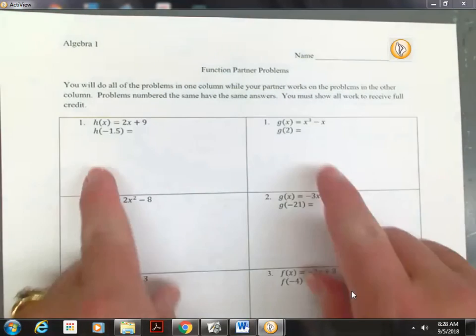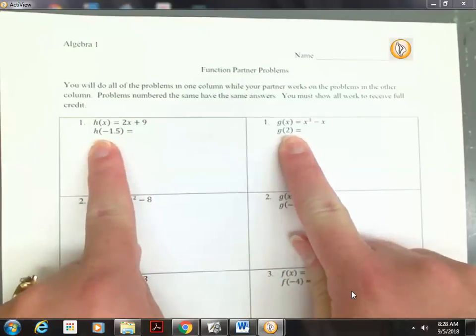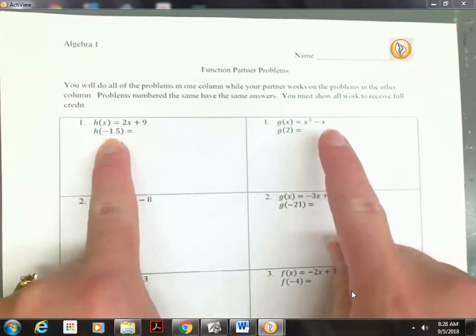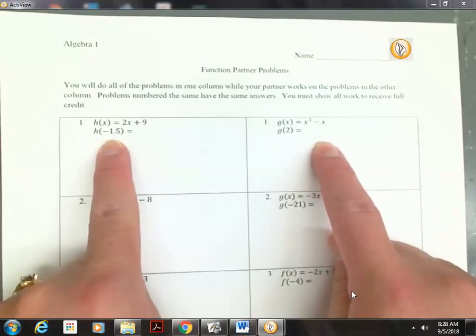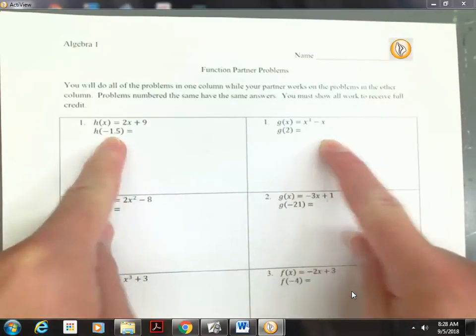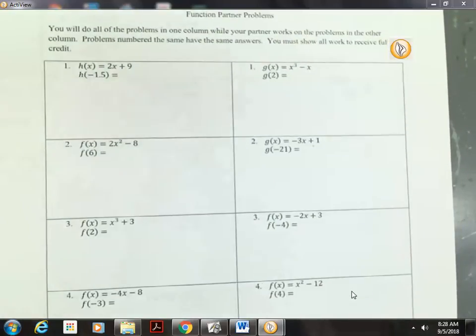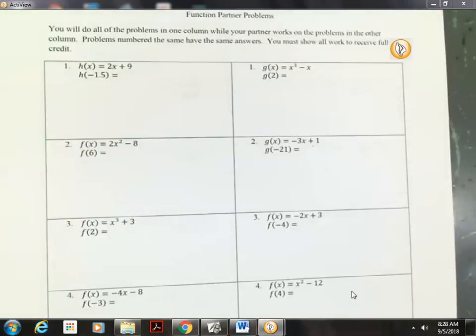You're both going to work the problems in your respective column. Now, the answer to problem number 1 on this side is the exact same answer as the problem on this side. So problem 1 has the same answer. Problem 2s have the same answer. Problem 3s have the same answer, and so forth. I would like for you to do the first 5 problems with your partner right now. When you're finished, I will let you know your next step.